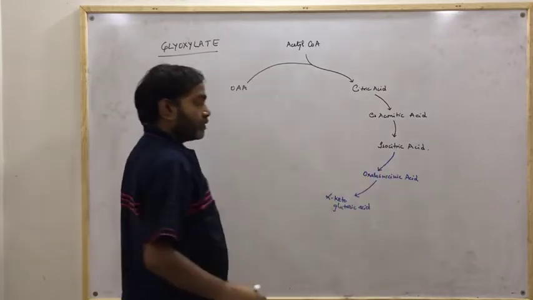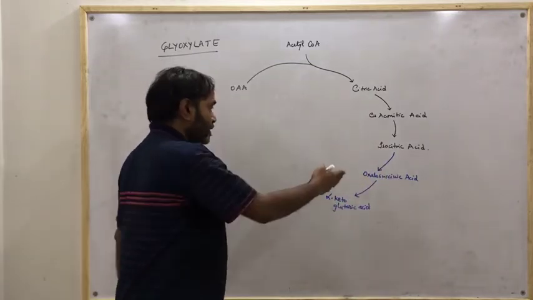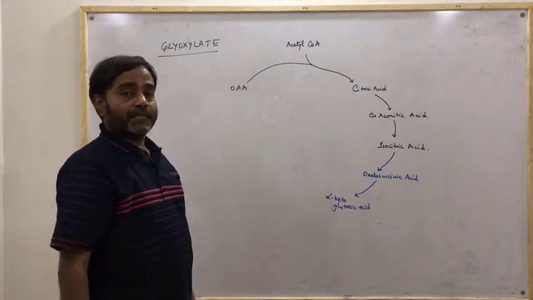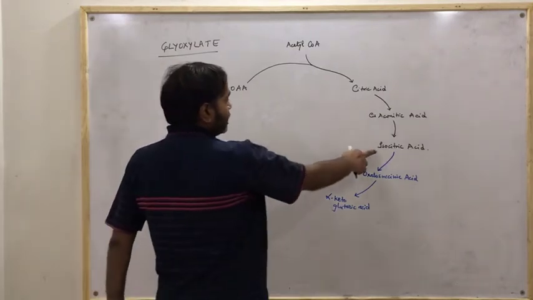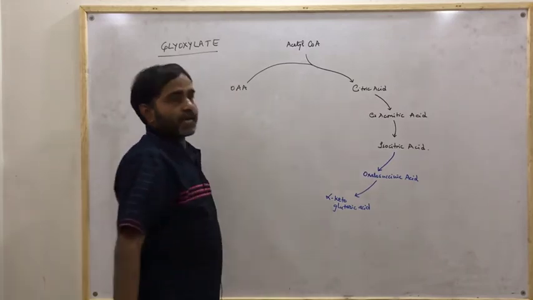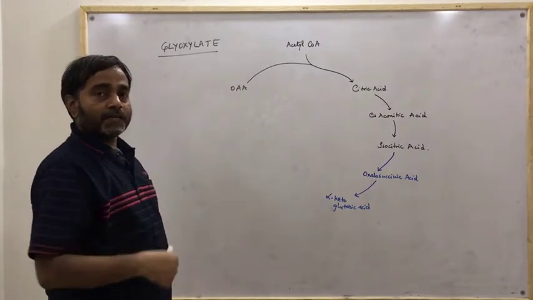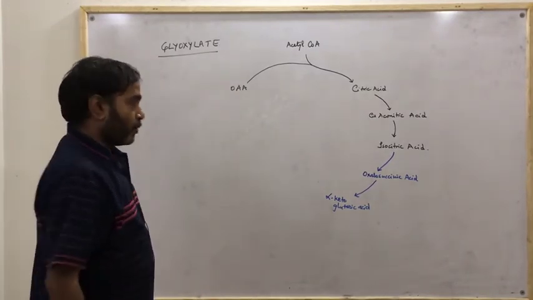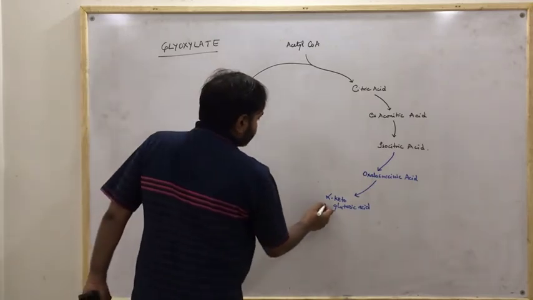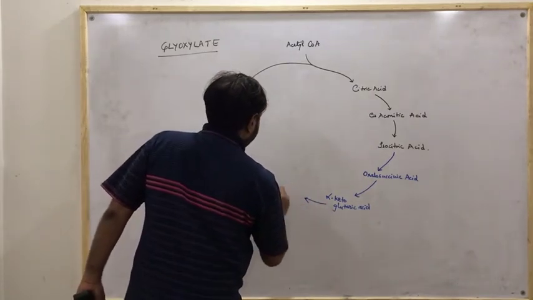I am showing it with blue pen. Why? Because these steps will not come in the glyoxylate pathway, and the glyoxylate will utilize isocitric acid in getting converted into the glyoxylate compound. So alpha ketoglutaric acid will form succinyl CoA.